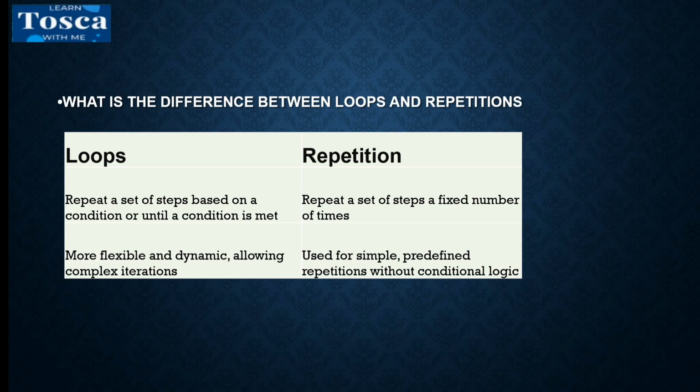In loops, we iterate over the records based on some condition, and we iterate until the condition is satisfied. In repetition, we give a number. Suppose we have 10, then it will repeat 10 times without checking any condition. That is the slight difference between both.